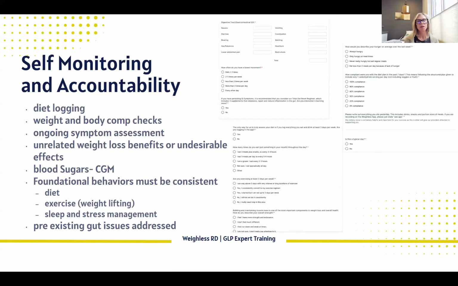So we wanted to hone in on the foundational behaviors that the patient was doing. Now this is something that we talk to them about every single time, and we add it in our symptom assessment: how often are you following the diet guidelines that we recommend? How often are you following the exercise recommendations? What do your sleep and stress behaviors look like? And so they have to rate themselves.